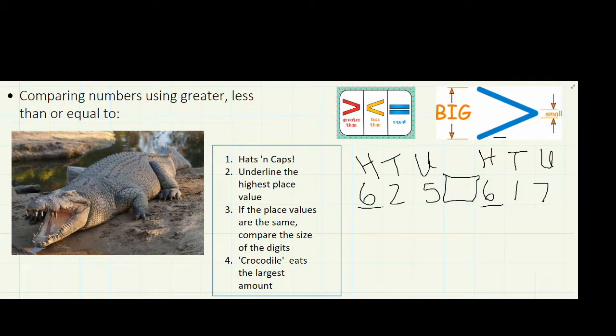So we're going to have to go to the place value next door. As you can see, we're going to the tens, and we're finding out that on this side we have 2 tens, and on this side we have 1 ten. So we can compare that 620 is going to be larger than that 610. How do we know which way to put the sign? Well, the crocodile is always going to want to eat the larger amount.